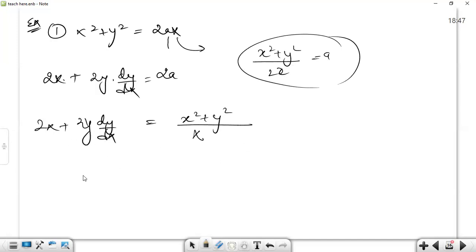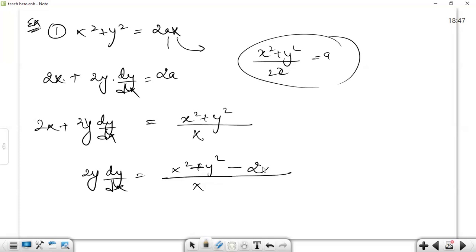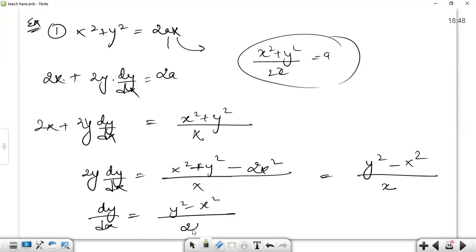Now solving this further, 2y into dy by dx equals x square plus y square upon x minus 2x. After taking LCM, it will become minus 2x square. So the right hand side will become y square minus x square upon x. So dy by dx will become y square minus x square upon 2xy. Okay, clear?